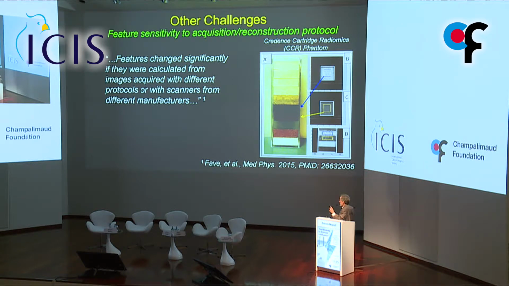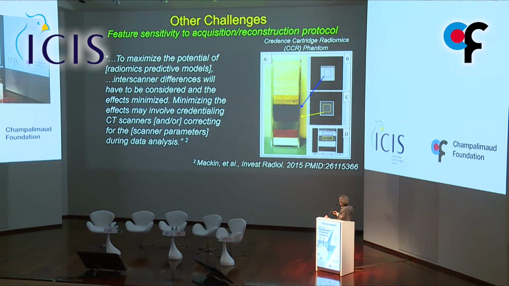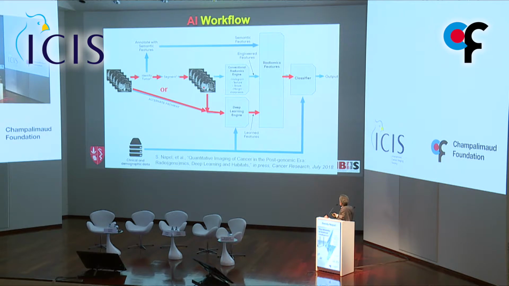So if you scan on a GE scanner with a certain protocol, and another member of your consortium is using a Siemens scanner with a certain protocol, by scanning a phantom first and doing some calibrations, you might be able to harmonize those acquisitions and use them. And that's exactly what they found in this paper.